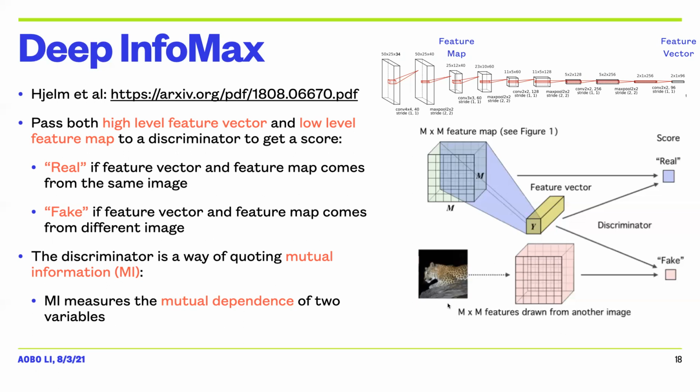Yes, they are training toward fake. But if you have cat and car in your image pool, then after a trained Deep InfoMax, if the two cats are exactly the same cat, it's going to be a real image. If one cat is a blue cat and one cat is a white cat, then they are different images. So when training, you will try to draw it toward the fake end.